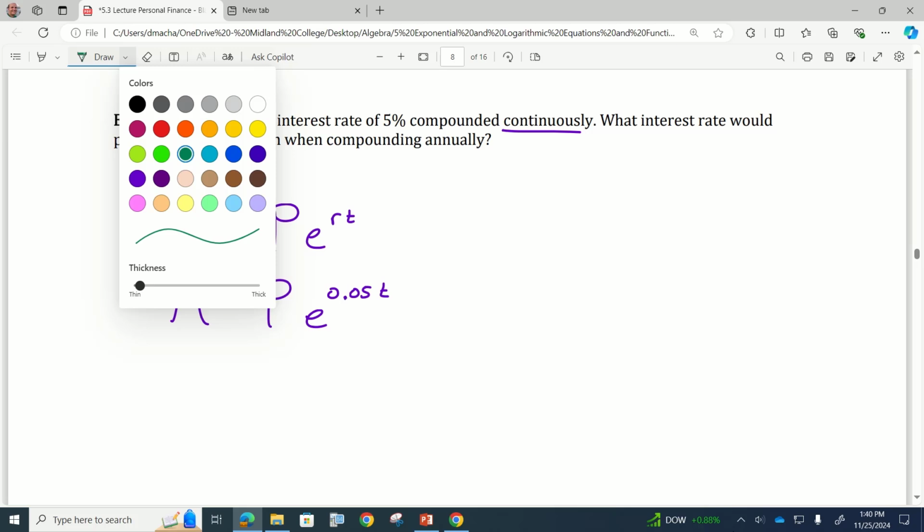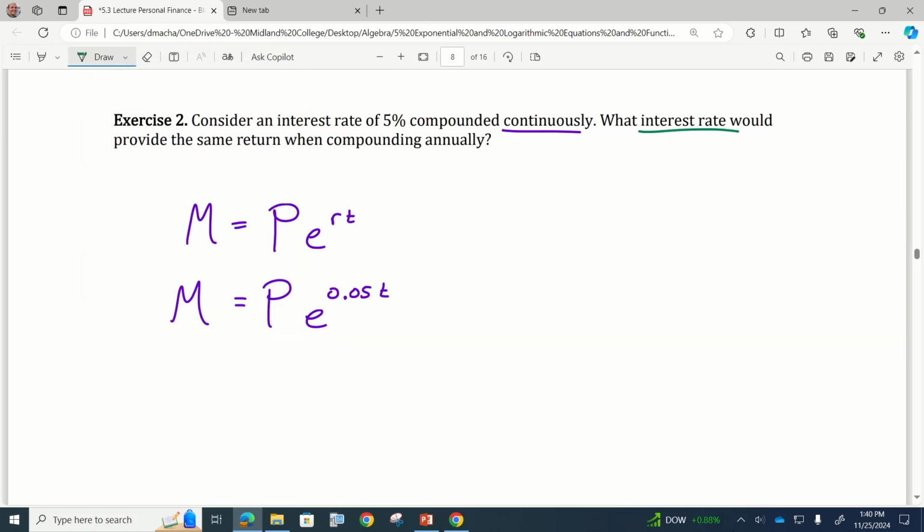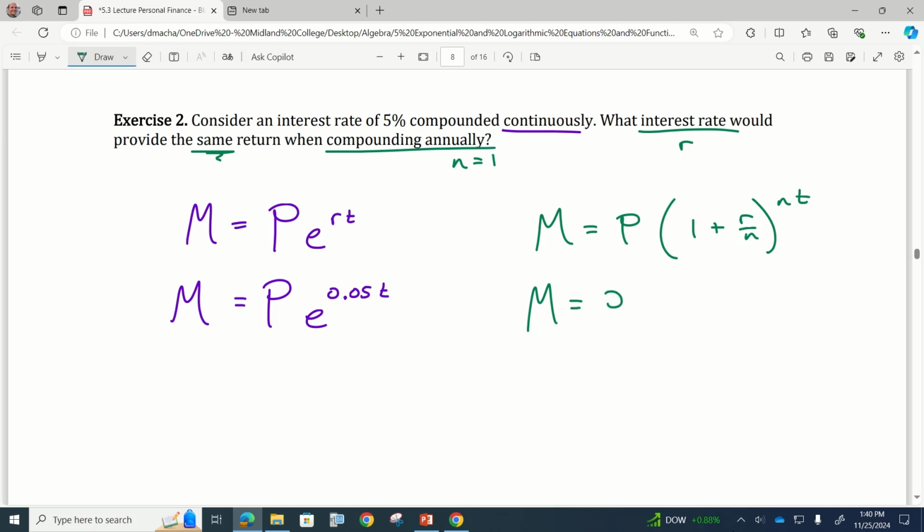But this question is saying, what interest rate, call that lowercase r, would provide the same return when compounding annually? And if I see compounding annually, well, then I would want to write down this formula. And annually means once per year, and so I might write down this.